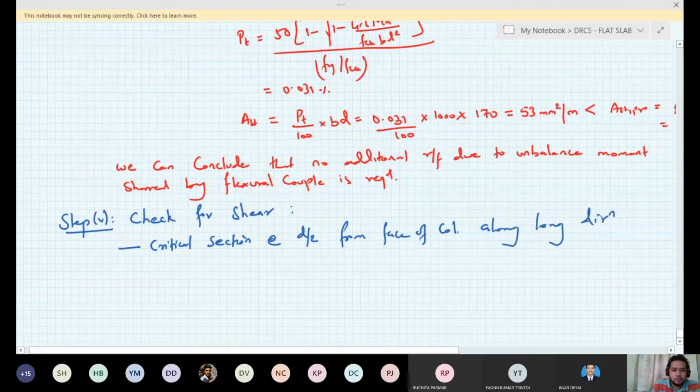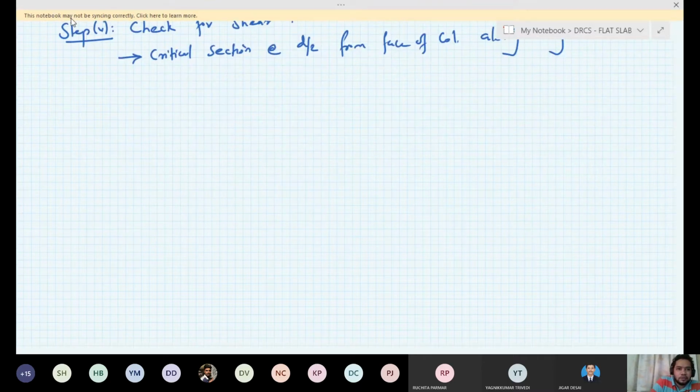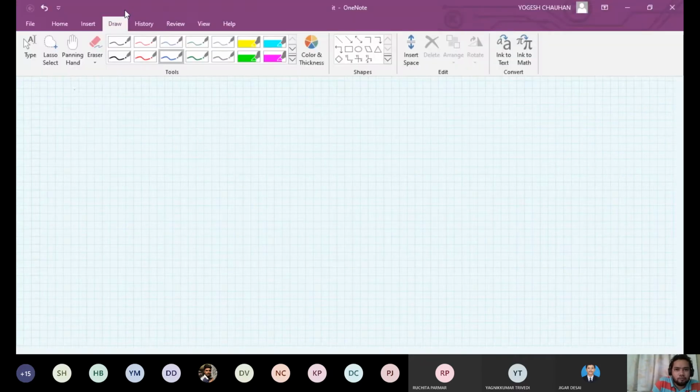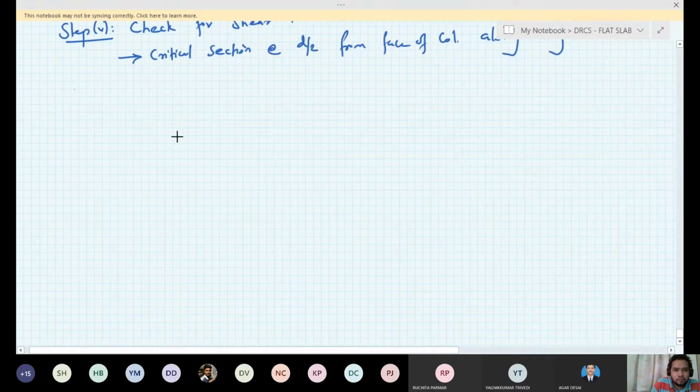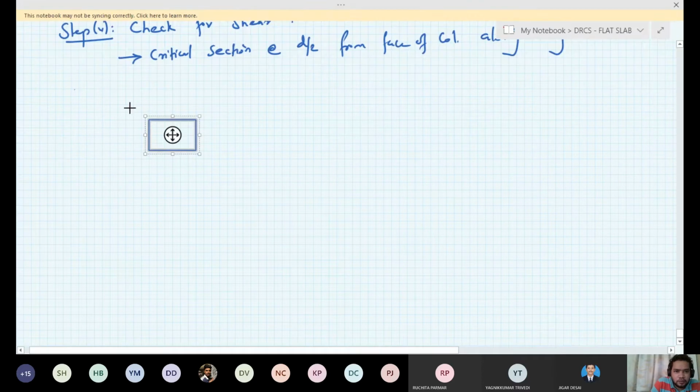Okay, so let us draw the section, the critical section. And let us say this is the critical section.